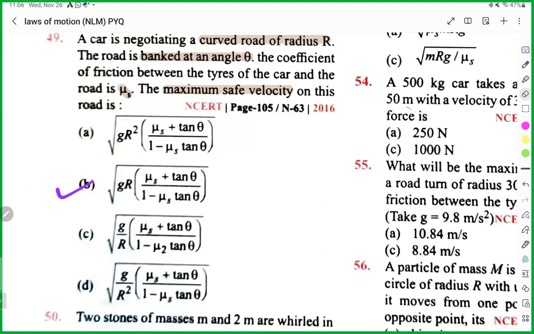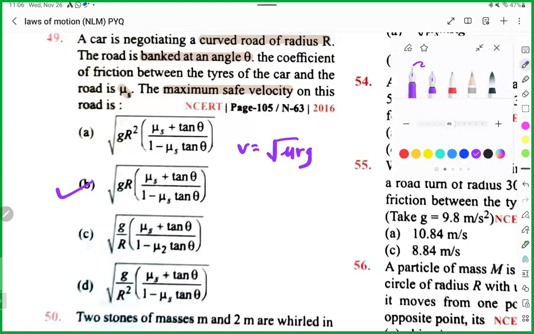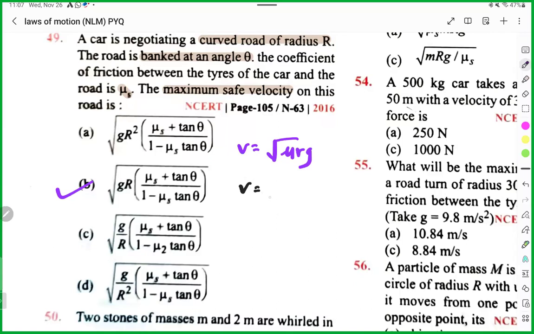And guys, do you know you can solve it without knowing this formula? Do you know how? You know velocity is equal to under root mu rg, correct? Mu is a number. So dimension-wise, velocity is equal to under root rg.